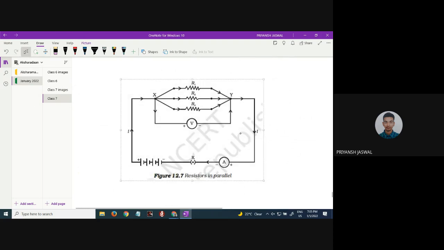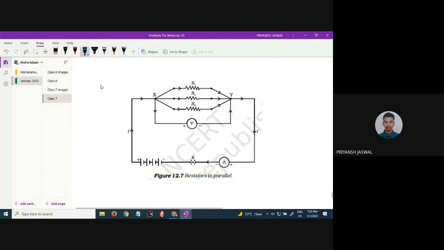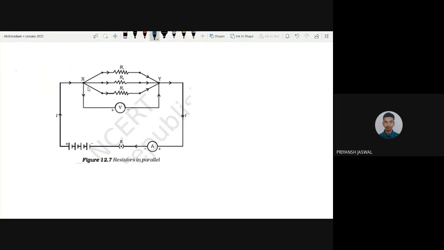Okay, so this one is the parallel combination. In this one, you see that the terminals of the resistances are joined to one common point on both sides. Such a combination is called a parallel combination.